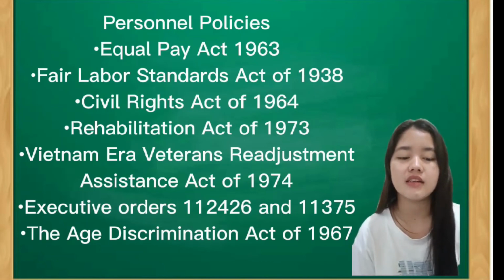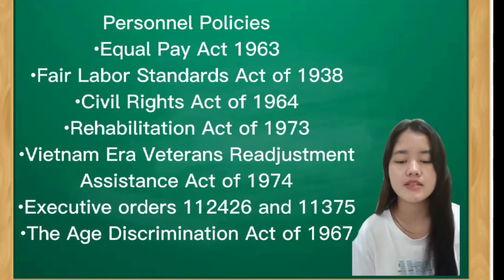Some areas that are covered by federal laws are: the Equal Pay Act of 1963 requires equal pay for men and women performing similar work. Then the Fair Labor Standards Act of 1938 and its 1972 amendment sets a minimum wage, equal pay, and record-keeping requirements.